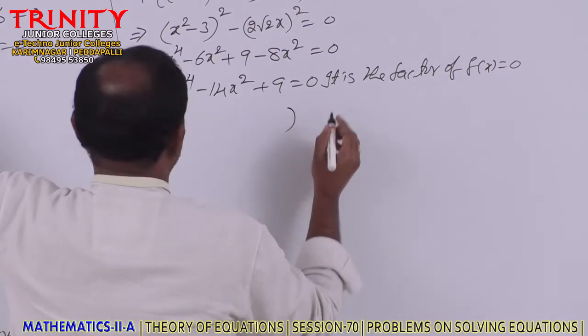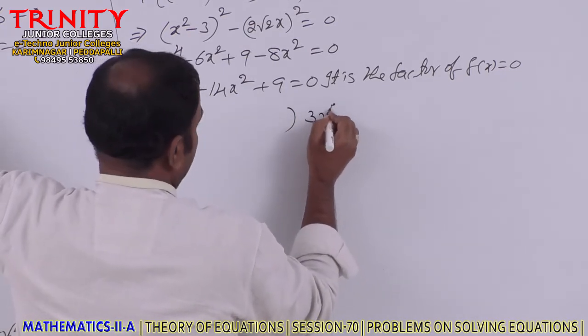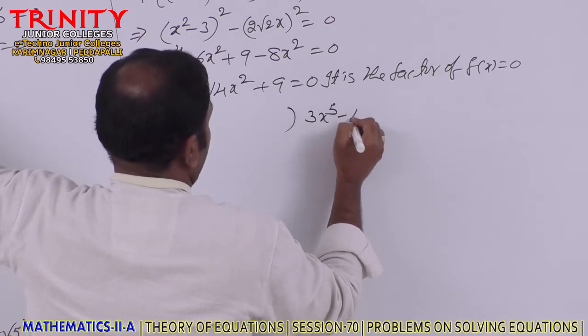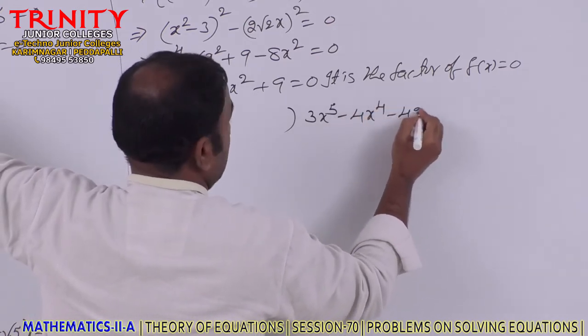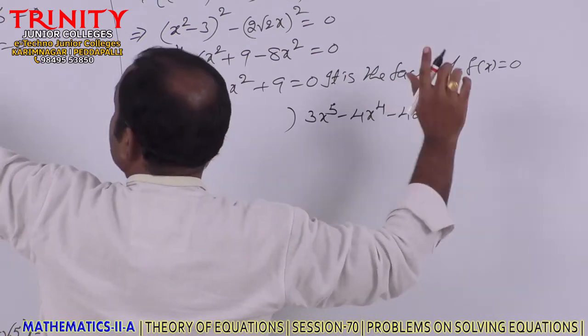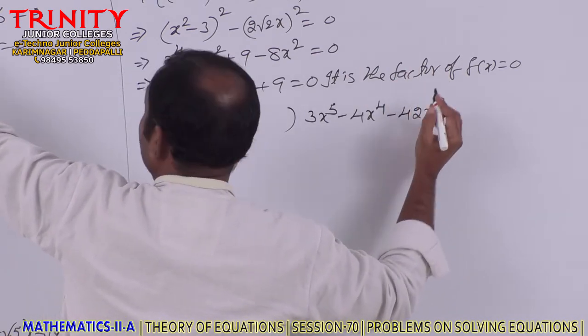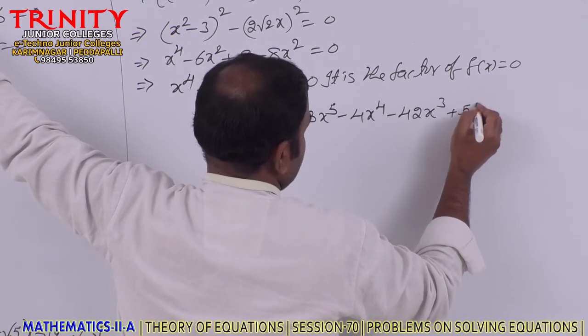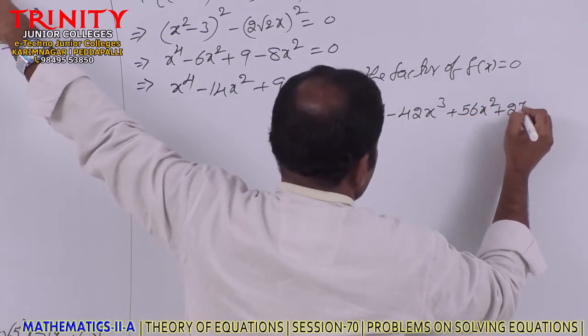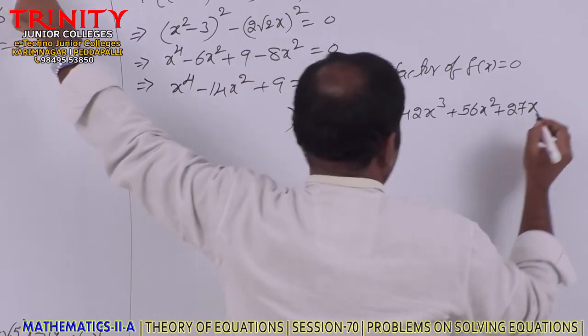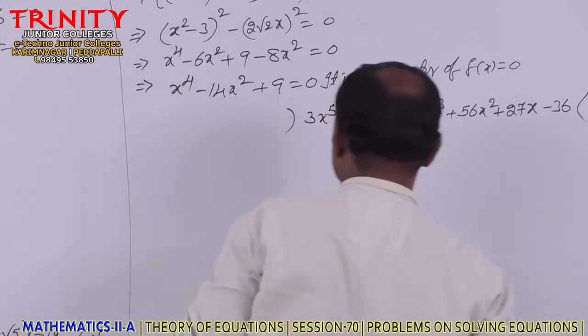The 5th degree polynomial f of x is 3x power 5 minus 4x power 4 minus 42x cube plus 56x square plus 27x minus 36.